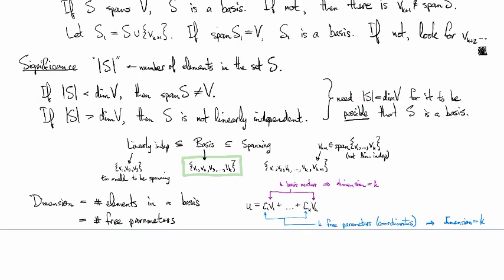And so, in conclusion, we can say that the following are equivalent. It's been a while since I've written this, so I'll just rewrite it here. The following are equivalent.